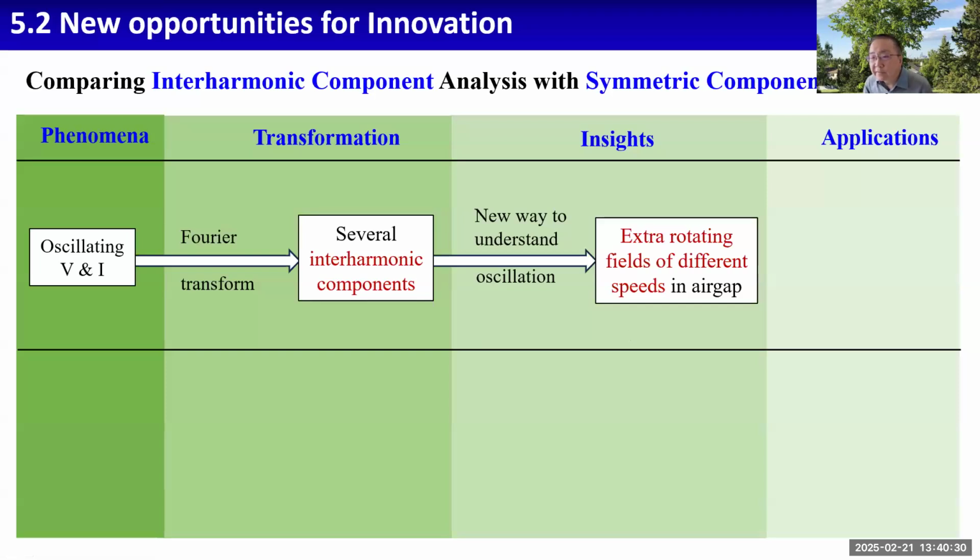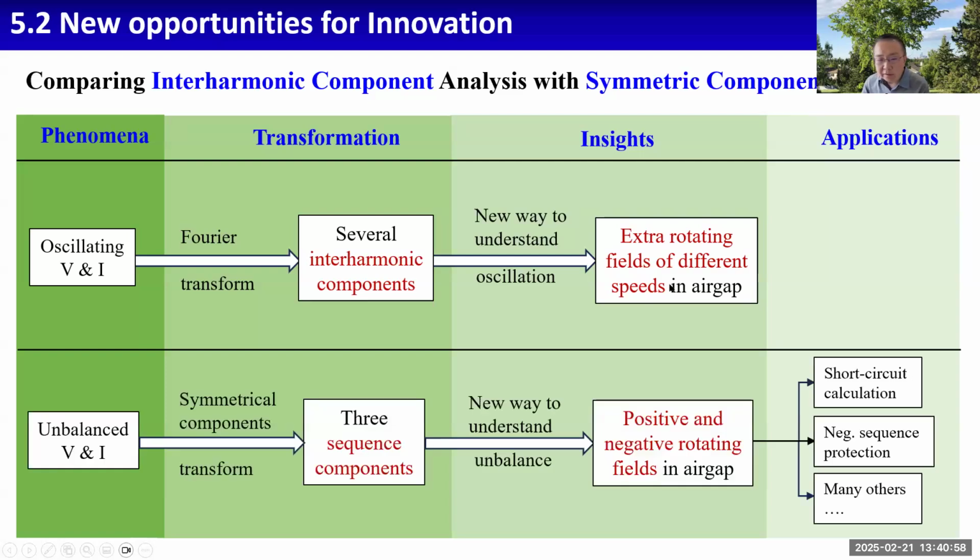Another interesting finding I want to share with you is the following. You see the entire concept here. We have oscillation phasors, then we use a Fourier transform on the waveform. We get interharmonic components. It gives us new insights, a new way to understand oscillation, such as actual rotating fields in the air gap of a synchronous machine.